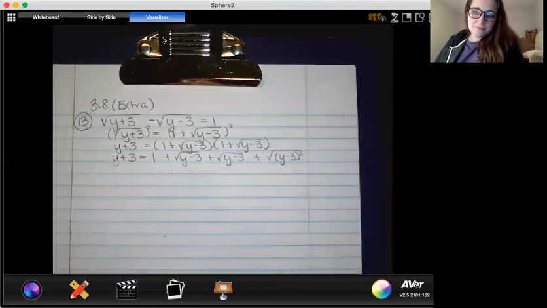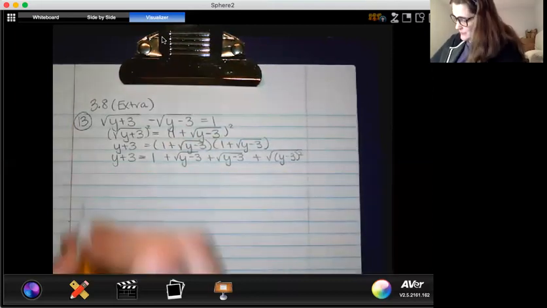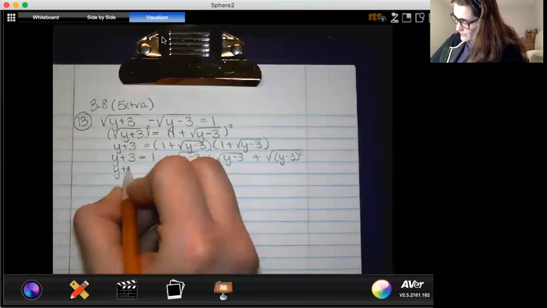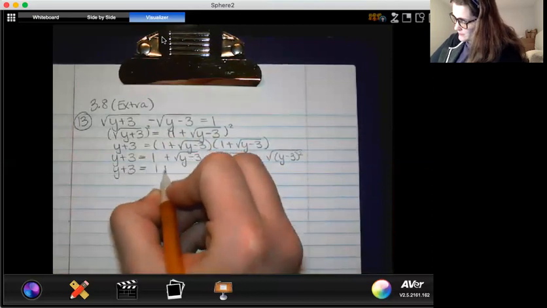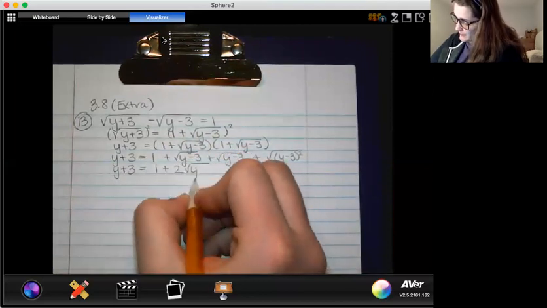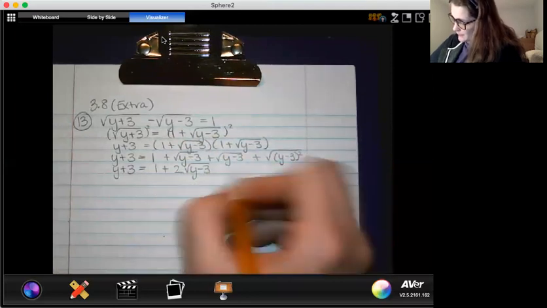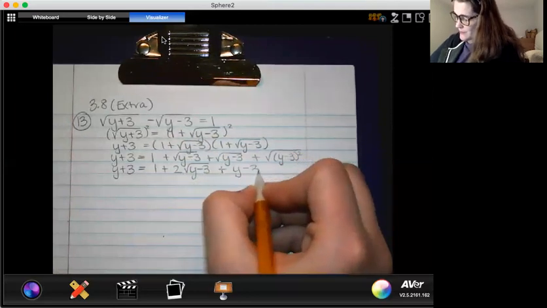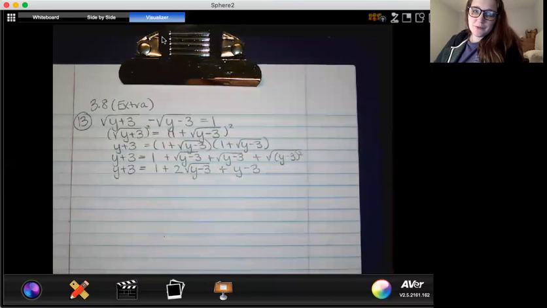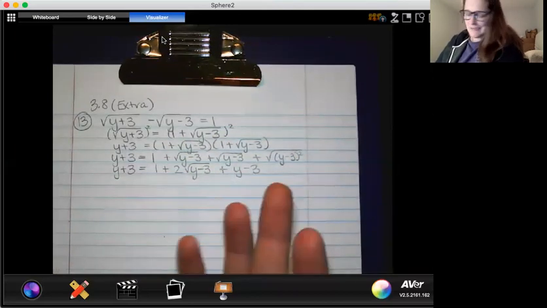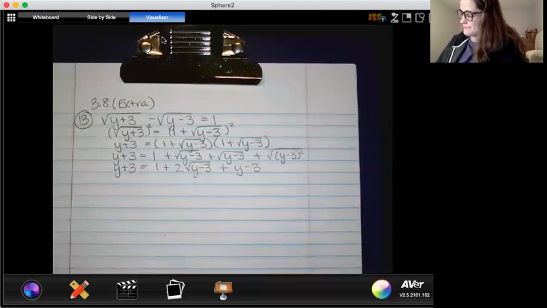And then I'm going to simplify. So 1 plus 2 square root of y minus 3 plus y minus 3. Because keep in mind when you square a square root, or when you square root a square, either way, it comes out to be just the radicand.